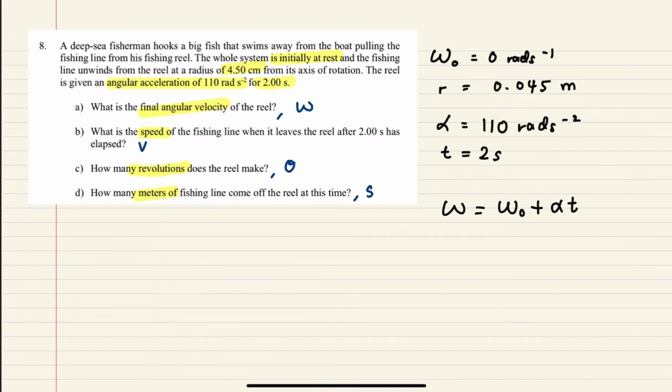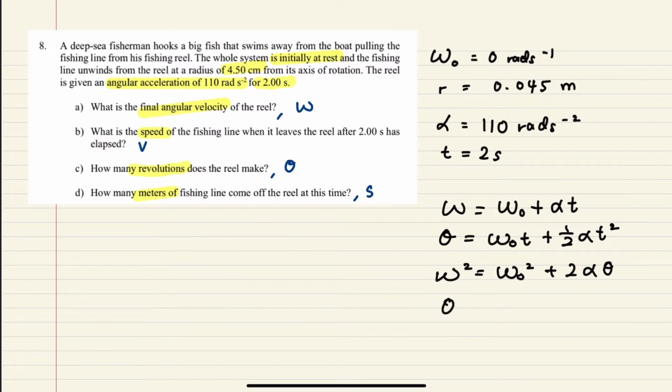S equals ut plus half at squared, so basically this would be theta equals omega naught t plus half alpha t squared. Then we have omega squared equals omega naught squared plus 2 alpha theta, like v squared equals u squared plus 2as. And then lastly we have theta equals half times omega naught plus omega, times t.